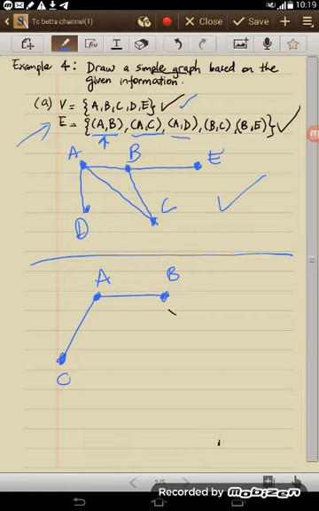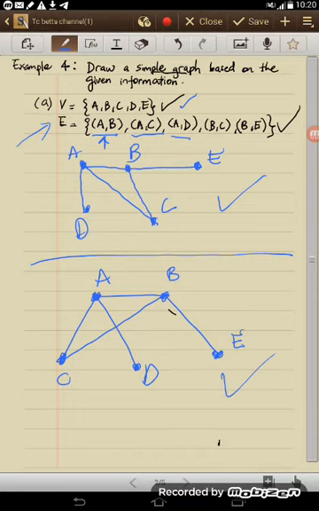A to D, and then B to C, you have to connect B to C, and then B to E. Okay, so you have two different diagrams, but they are all correct. Don't worry.